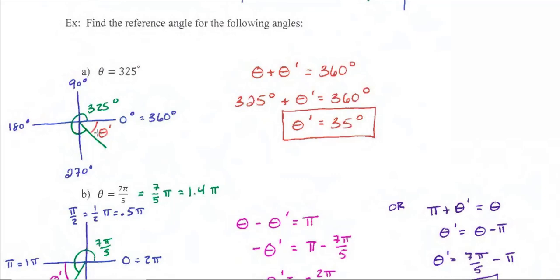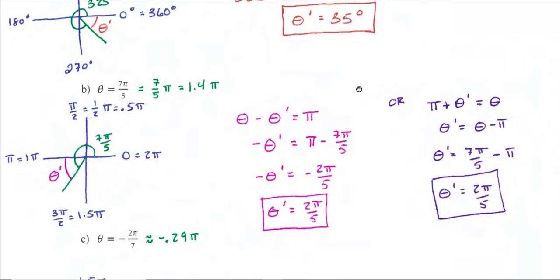You need to see how the original angle theta and the reference angle are related, and it will have some sort of a relation to an x-axis angle like 0, 180, or 360. So you can see if you go around theta plus theta prime more, you would have done one full rotation around the circle. So theta plus theta prime is 360 degrees. Well, theta was given to us as 325 degrees, and you can solve for theta prime to get 35 degrees.